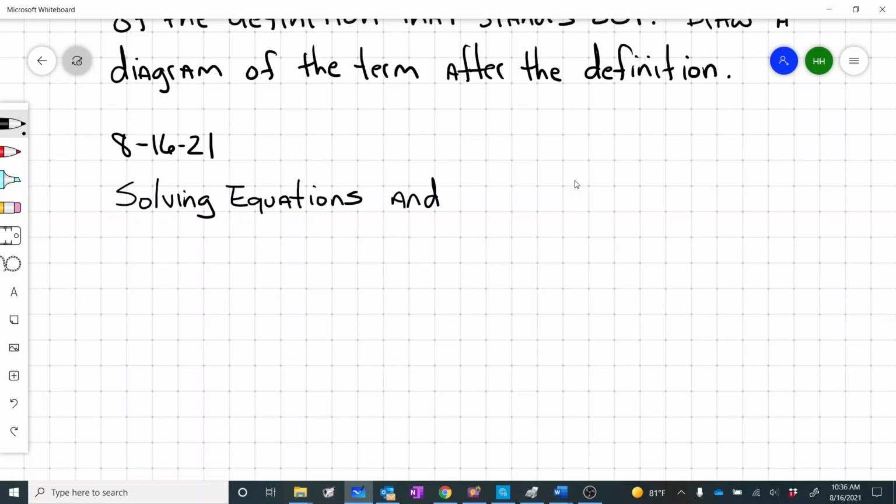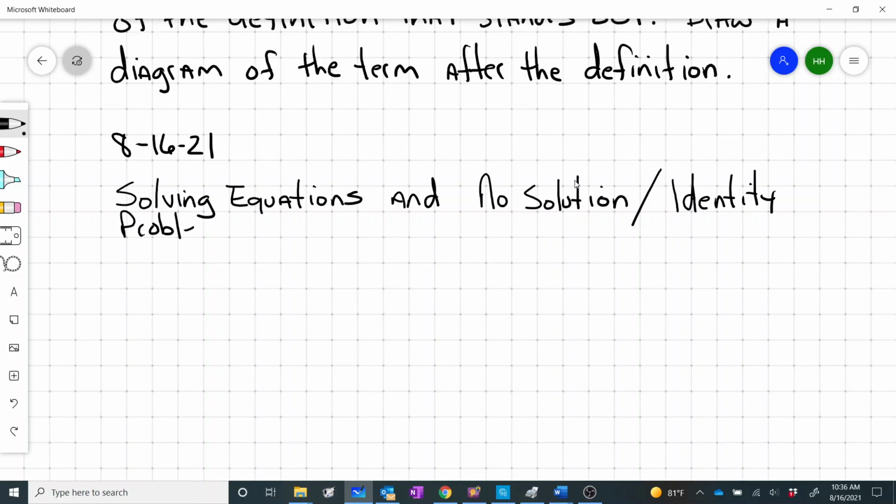And we're going to identify no solution problems, identity problems. Solving equations and no solution / identity problems.